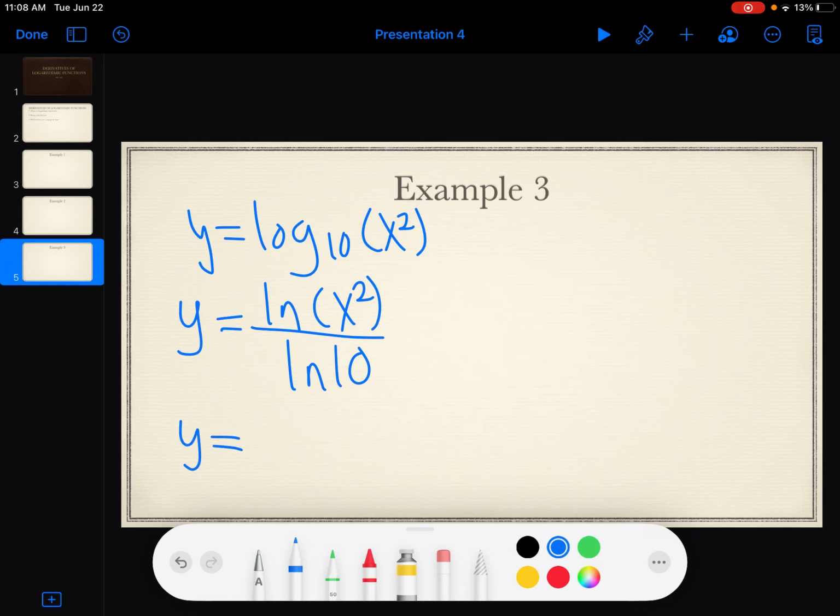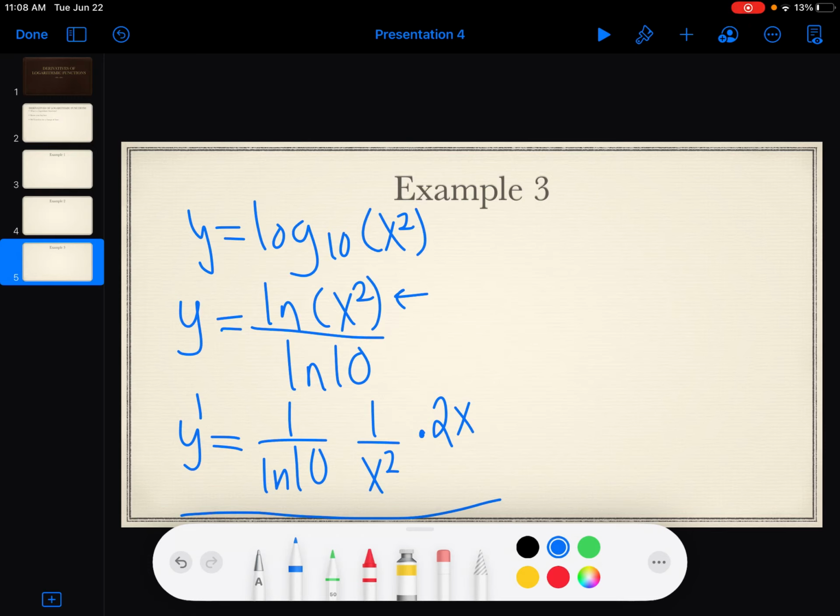Recall, you're going to have to use the chain rule. I'm just going to put 1 over ln 10 out here. Now let's take the derivative of this, because the denominator is just a constant. So I get 1 over x squared, using the chain rule, times 2x. And there we go. That is my derivative.